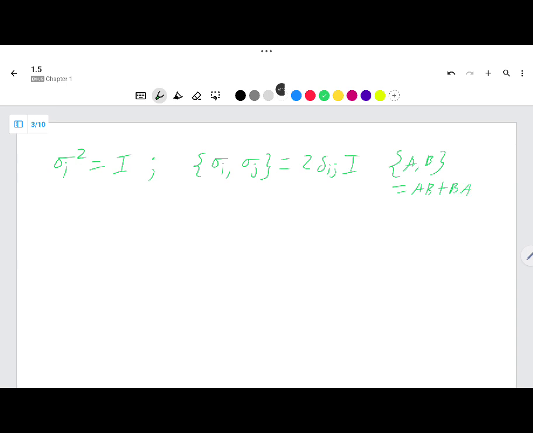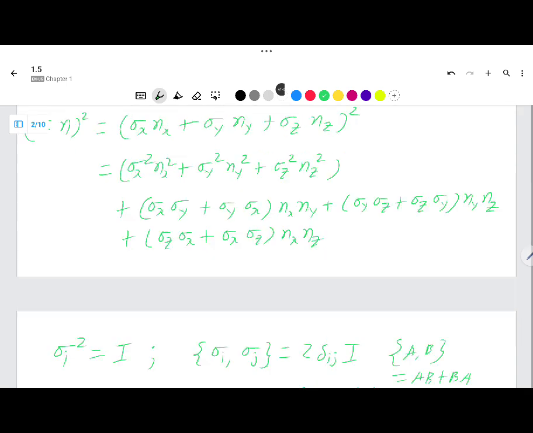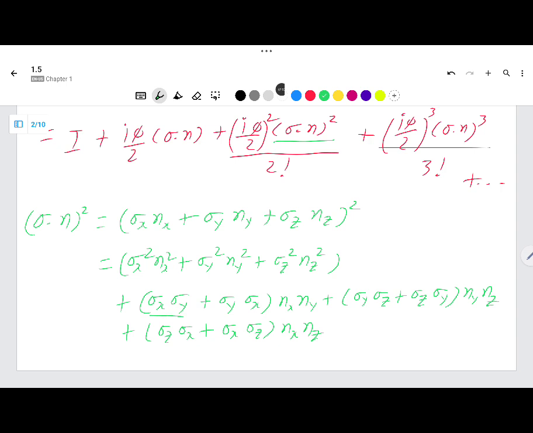So if i is equal to j, then this is 1, and if i is not equal to j, it's 0. It's the Kronecker delta. So this will be 1 if i is equal to j, 0 if i is not equal to j. In our case, we have terms like this.